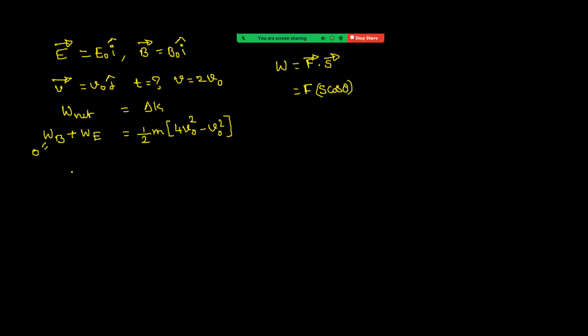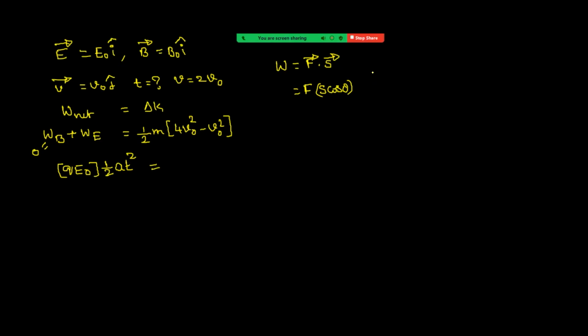So here force is q into E naught. This is the magnitude of the force, multiplied with the component of displacement along the force. Force is along x-axis. So the component of displacement is half a t square, because initially it was at origin.